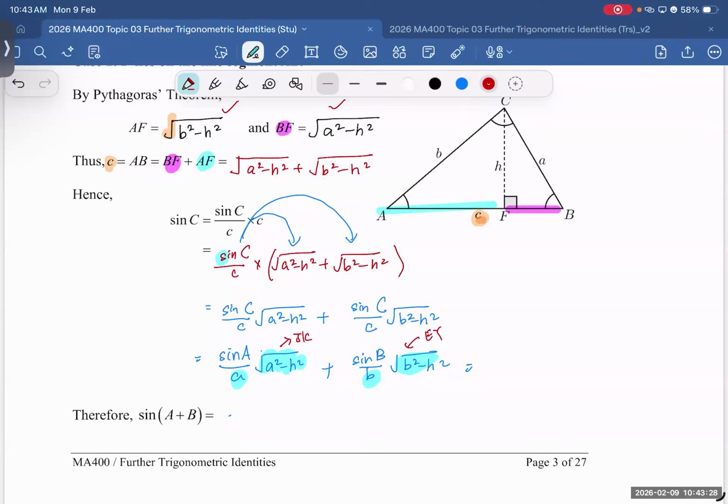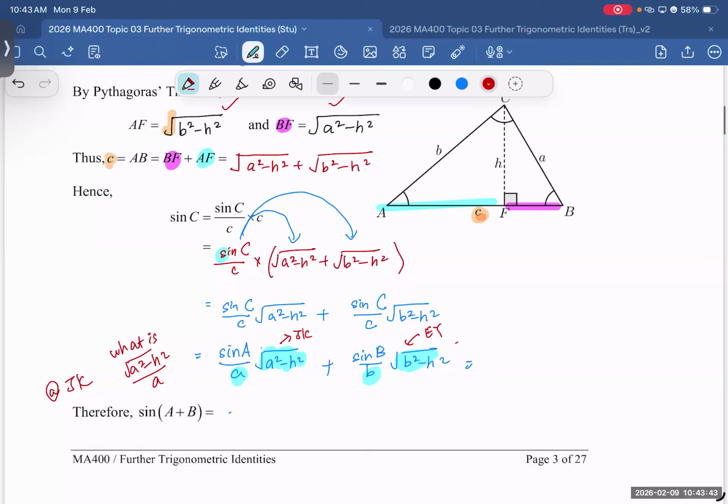Can you tell me what is square root A square minus H square over A at Jukai? What is square root B square minus H square over B at Eaton Yo?